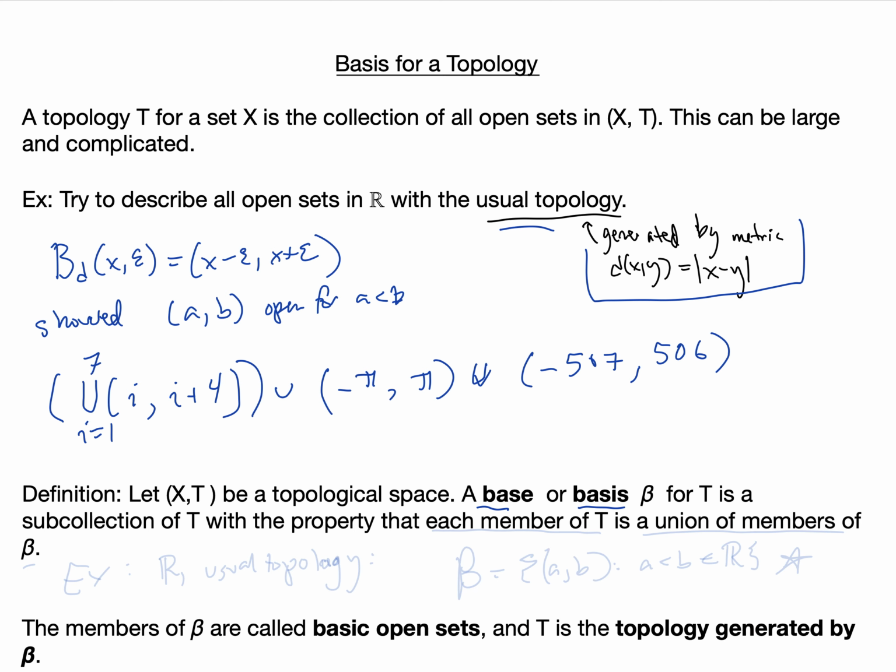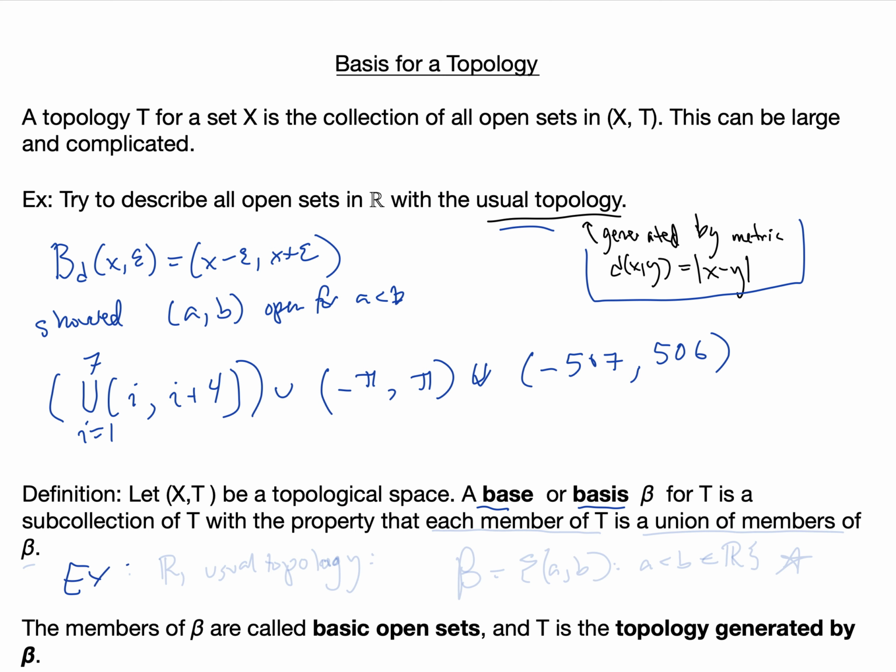And so our definition is that if (X, tau) is a topological space, then a base or a basis beta for tau is a subcollection of the topology tau with the property that each member of tau is a union of members of beta.